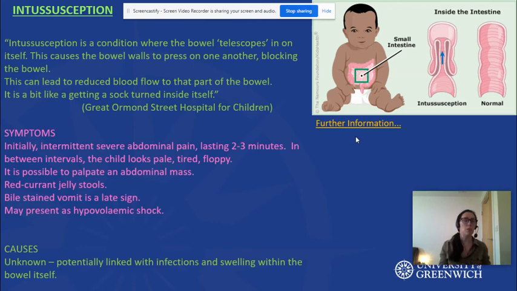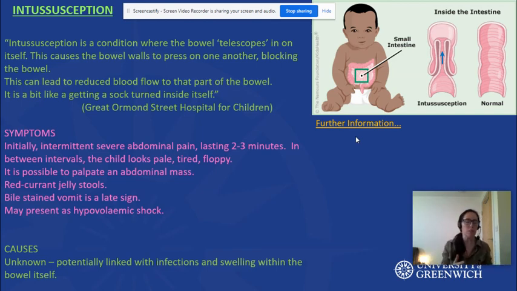But during that time where it stops, they don't have the energy to keep going. So in that little time frame where they're not screaming and crying and hysterical in pain, they're going to be tired and floppy. They're going to be pale. You are going to be worried. The parents are going to be freaking the hell out. So good to know about what might be going on.